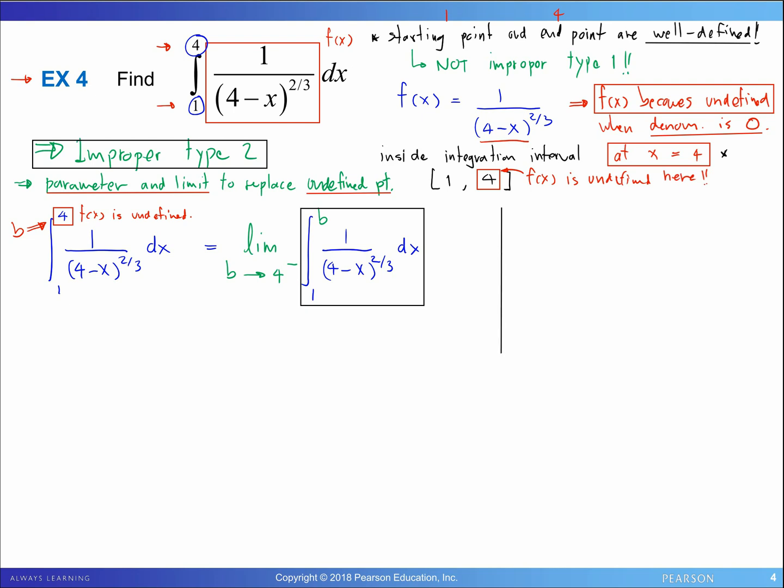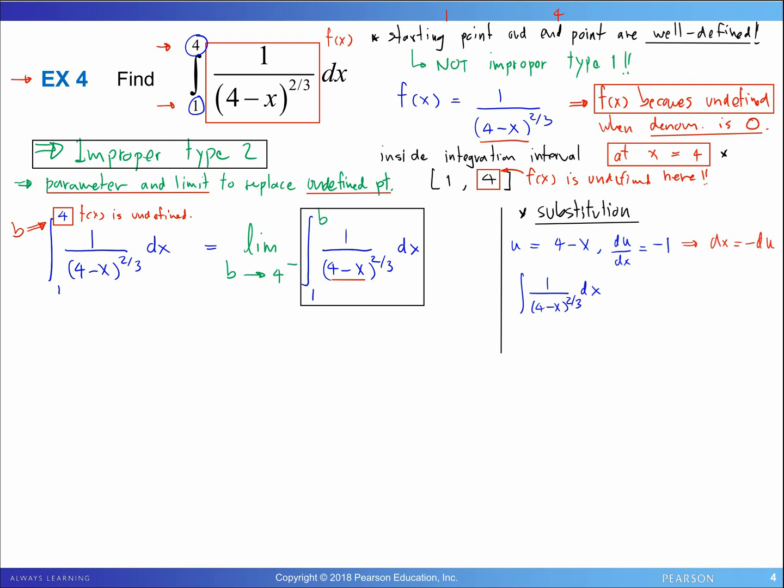For this one, let's use substitution again. So, the sub technique is back. And now we try to simplify the denominator, and we have u equal to 4 minus x. Differentiate u with respect to x, we get minus 1. From this, we know that dx is equal to minus du. So we have this integral, 1 over (4 minus x) to the power of 2 over 3 dx.